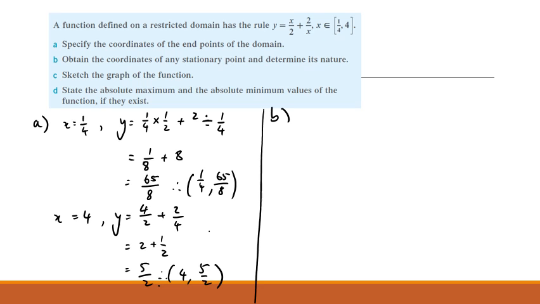Alright, B. Obtain the coordinates of any stationary points and determine its nature. So find the derivative. Half minus 2 over x squared. Make it equal to 0.